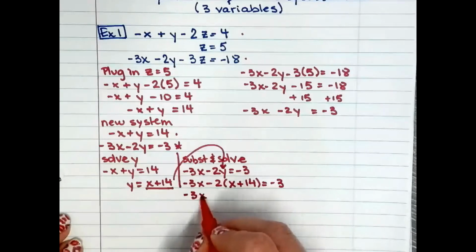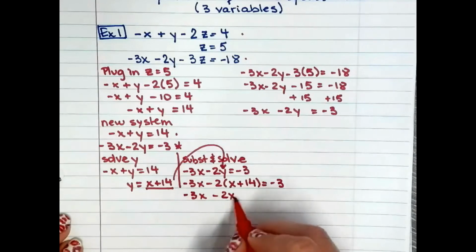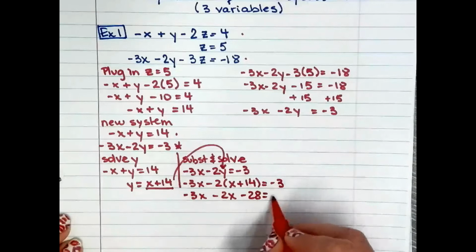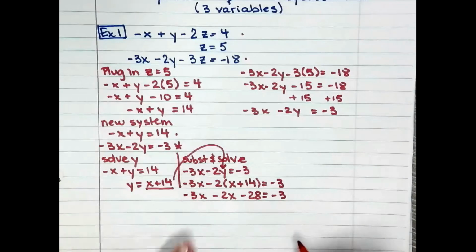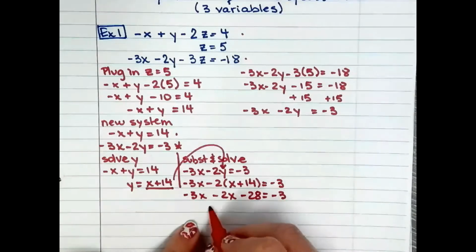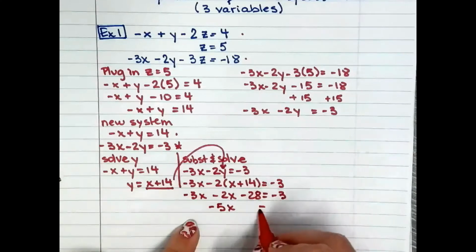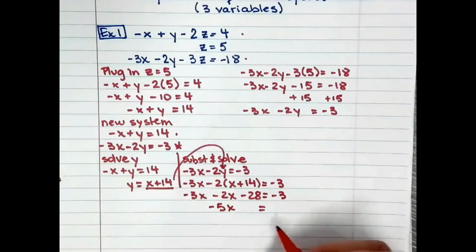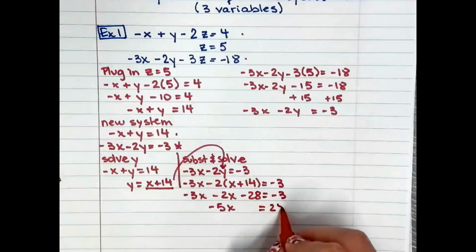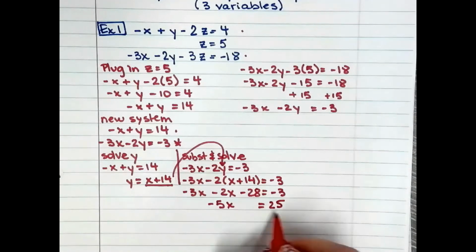Distribute negative 2. Combine like terms, and in the same step, I'll add 28 to both sides. Divide by negative 5.